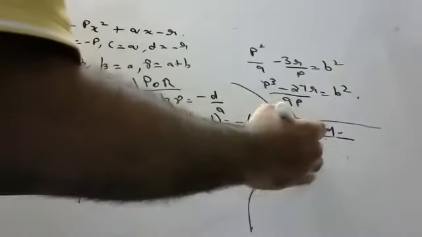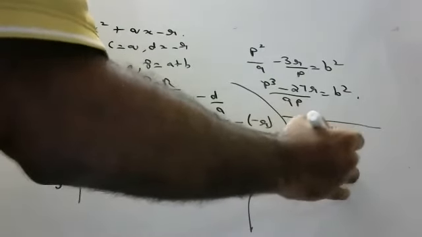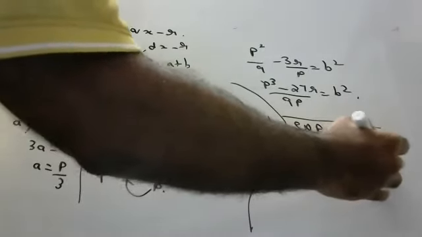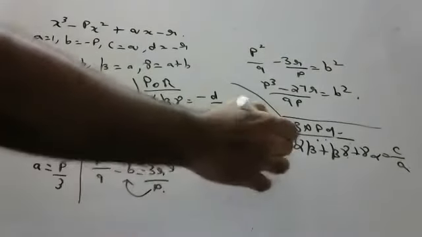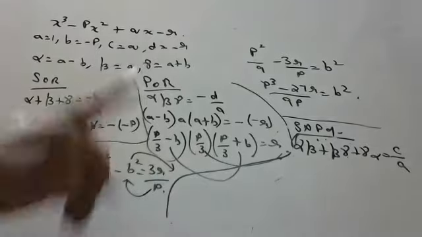Sorry, children, the formula is alpha beta plus beta gamma plus gamma alpha is equal to c by a. This is the formula. So children, we have to use all these things so that you get a relationship between p, q and r.